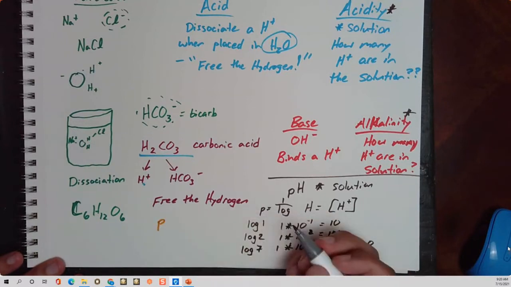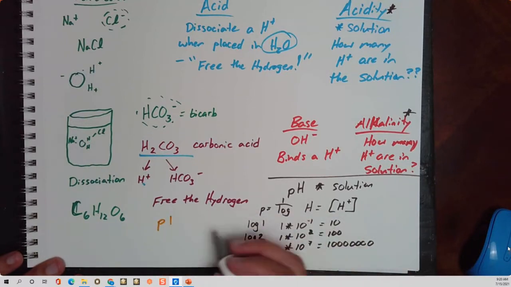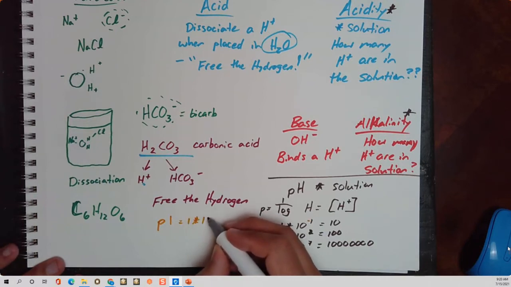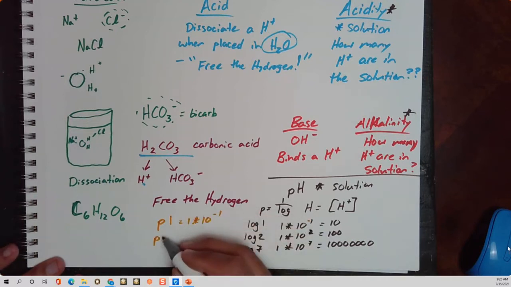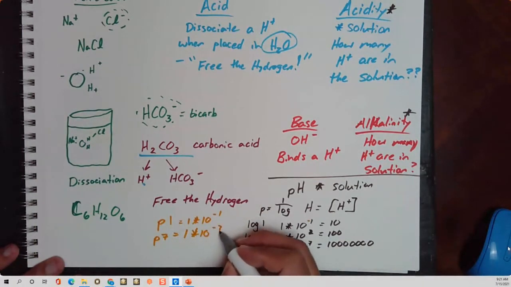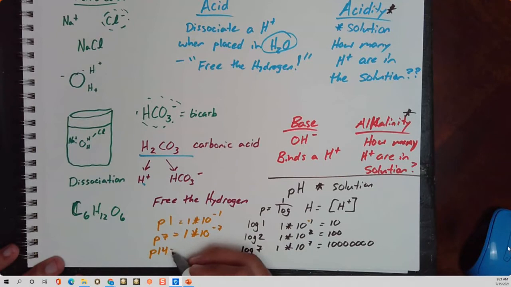So if we're dealing with a p of 1, now we're dealing with 1 times 10 to the minus 1. If we're dealing with a p of 7, we're dealing with 1 times 10 to the minus 7. If we're dealing with p14, it's 1 times 10 to the minus 14. Does everybody understand just the basic text there?